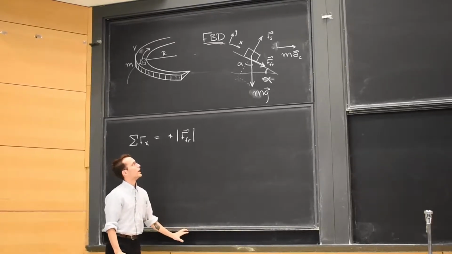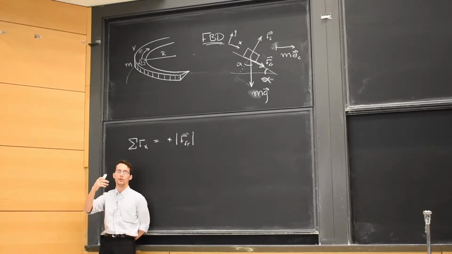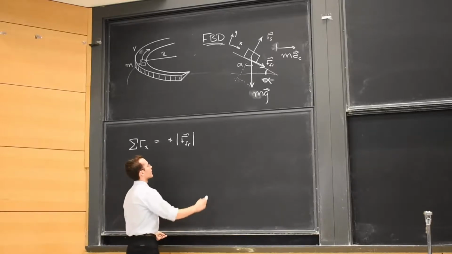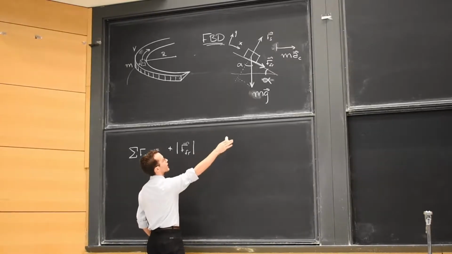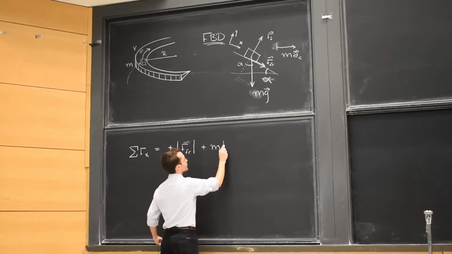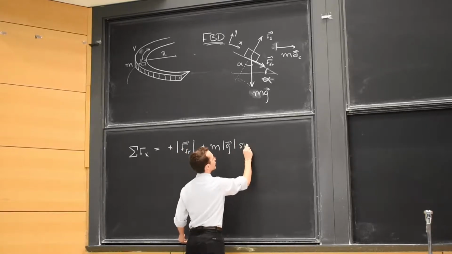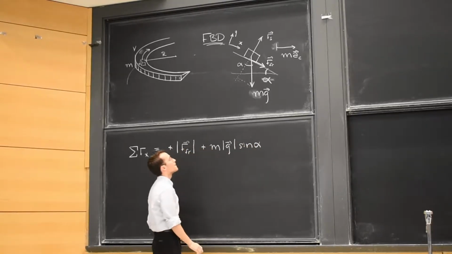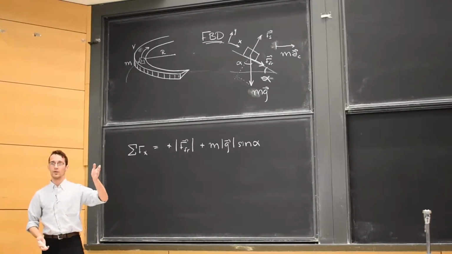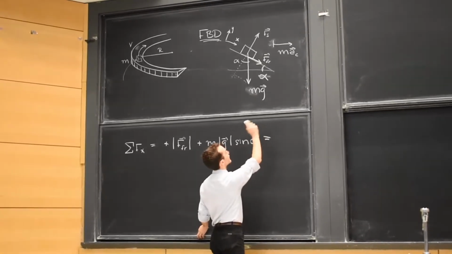Alright? And we know that x component is opposite to the angle, so we're not going to use cosine, we're going to use sine for the x component. Alright? And it's going also down the incline, so plus magnitude mg sine alpha. Alright. Those are the only forces acting in the x direction. So that must be equal to the net force in the x direction.